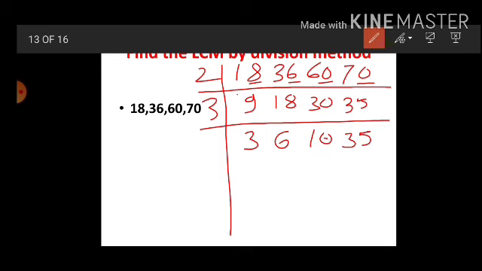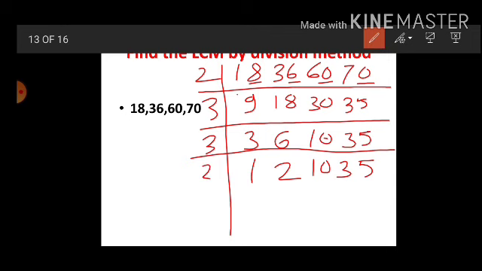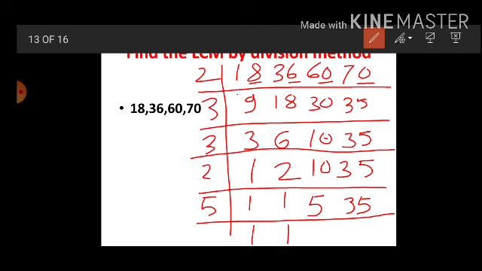Now again this one is divisible by 3. 3 1s are 3, 3 2s are 6, 10 as it is, 35. Now 2 divides these two numbers. 2 1s are 2, 2 5s are 10, 35 as it is. Then 5 I wrote here, 5 1s are 5, 5 7s are 35. These are all the prime factors of 18, 36, 60, 70.